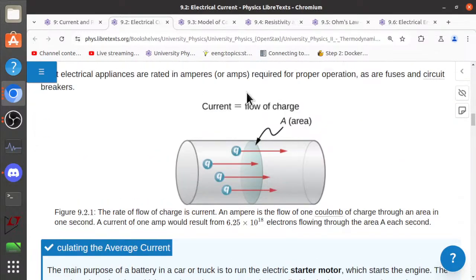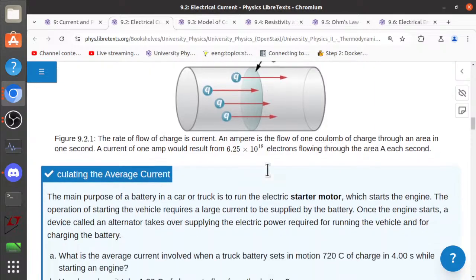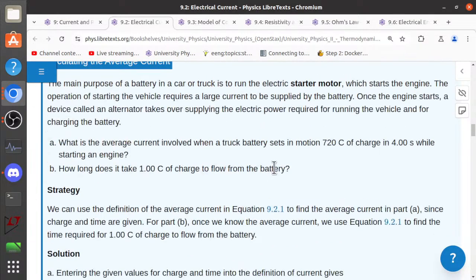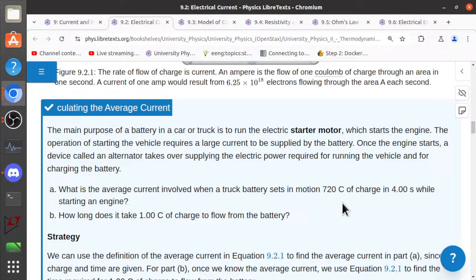Good. So I hope this is clear, right? Q's transported through a cross-section, which is a kind of control cross-section, counting the Q's per second. Okay. So then we have an example here.